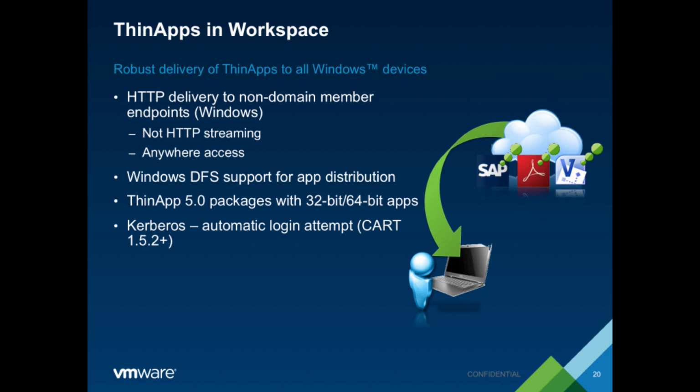We are simply delivering the part of the package that's required for it to be launched. So even though you might have a ThinApp package that takes up 200 megabytes, if it only requires 50 megabytes to launch, we need to deliver those 50 megabytes over the HTTPS protocol, and then the users can successfully launch this.